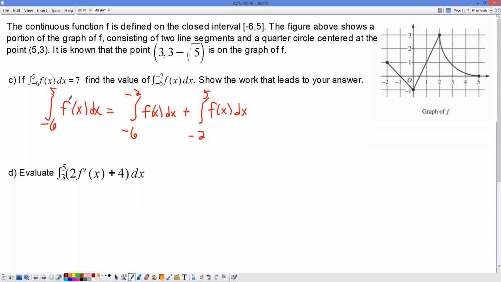Since we know the first piece is 7, we can say that 7 minus the integral from -2 to 5 of f of x dx is equal to the integral we are looking for, the integral from -6 to -2 of f of x dx. Everybody okay with that first part, with that setup there?